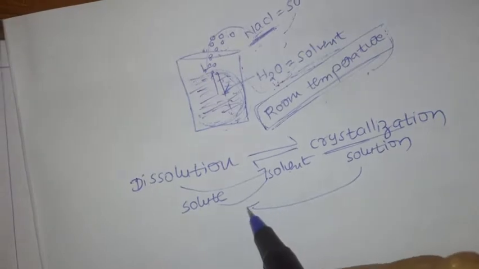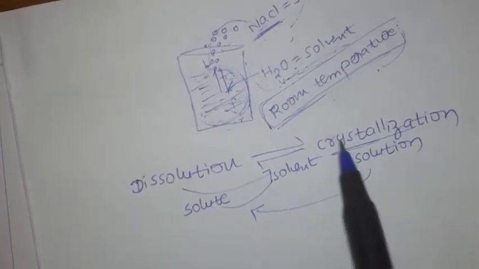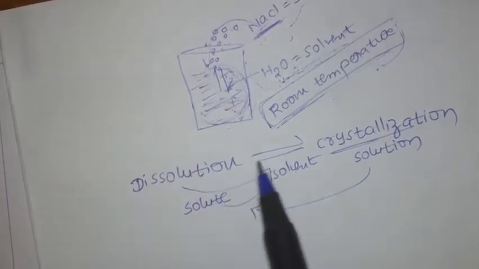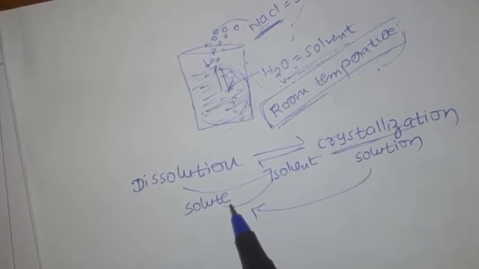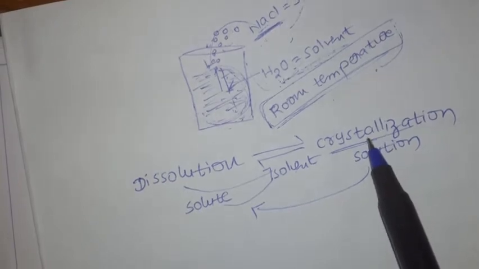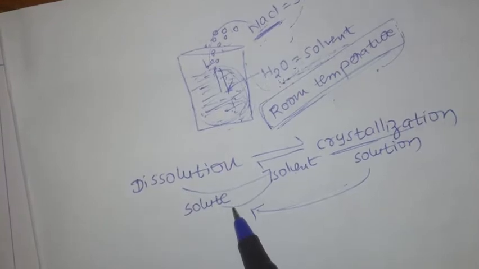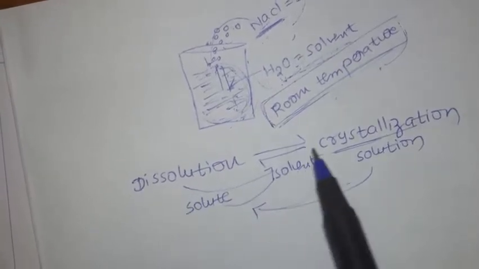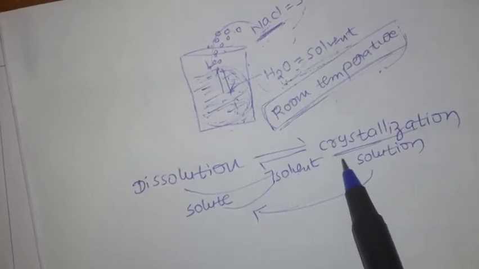So in dynamic equilibrium, dissolution and crystallization are both present in equilibrium. The solute dissolves in the solvent, and after that some solid particles collide with the dissolved solid particles and come out, so you get back some solid particles. Where dissolution and crystallization take place at the same rate, that is called dynamic equilibrium.